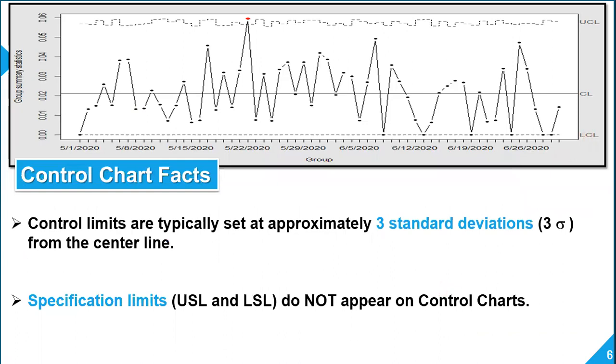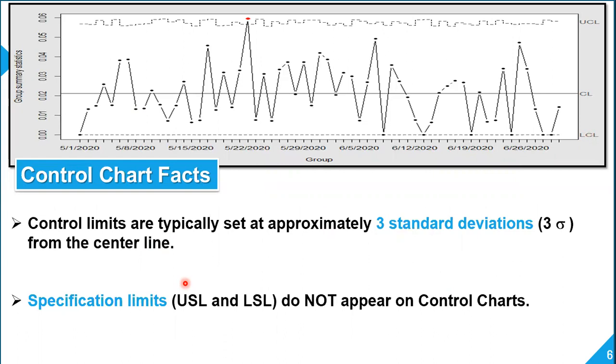Right, so control limits are typically set at approximately 3 standard deviations from the center line. Standard deviation, as we all know, is a metric or indicator of variation, and variation is something we are trying to curb or reduce with the help of Six Sigma methodologies. Control limits are not specification limits set by the clients.